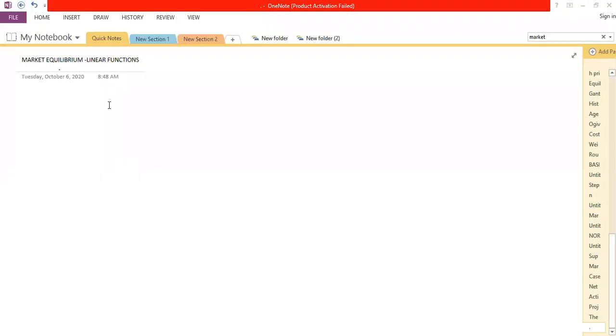So let's see from linear functions how we can identify the equilibrium price and the quantity for the commodity in the market. So again, I'm sharing my screen.